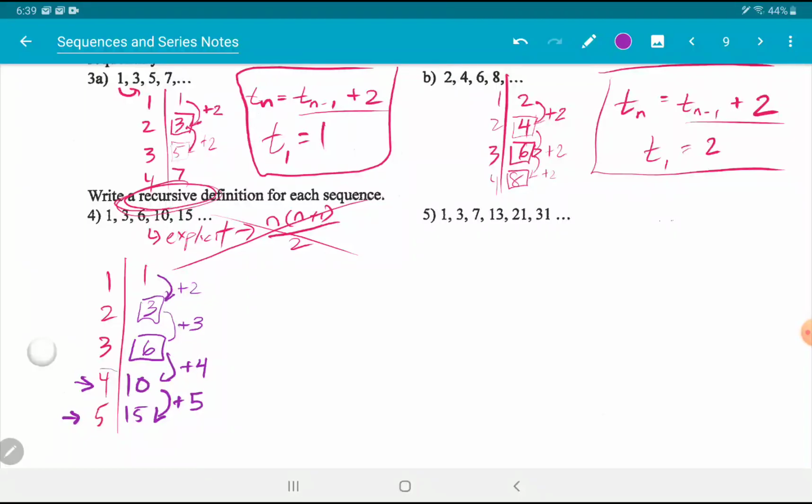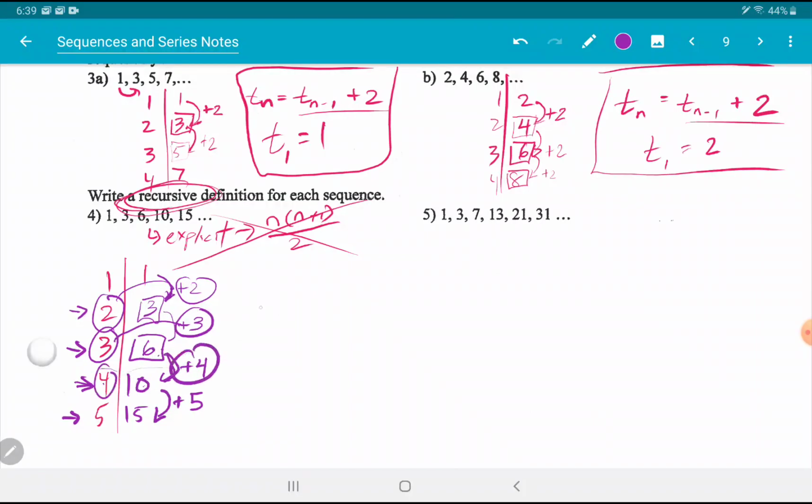Hopefully what you see is that if I'm at term 2, I take my previous term and add 2. If I'm at term 3, I take my previous term and add 3. If I'm at term 4, I want to find this value, I take my previous term and add 4.